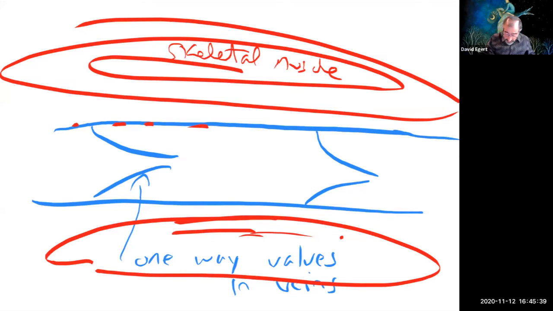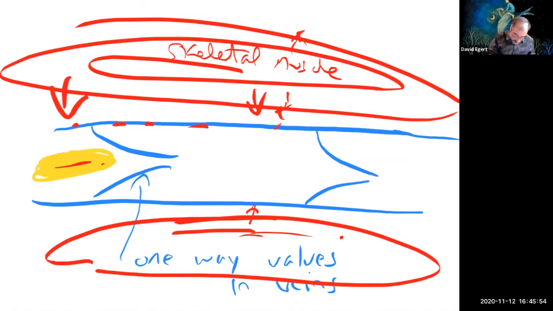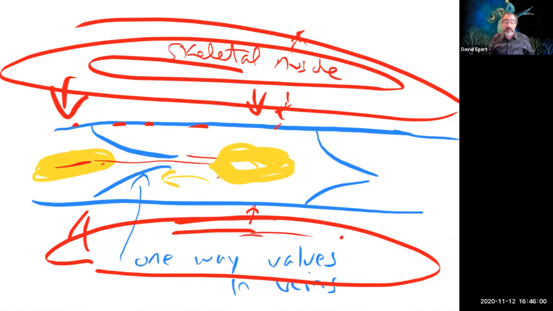As they are flexing and relaxing, they're massaging the vessels. So if I have some blood here, let's make it yellow so it's easier to see, and then this muscle squeezes a little, this is going to get splooshed up to here. Once the blood is splooshed to here, it can't go back. And as I keep flexing and relaxing my muscles, this little bit of blood gets splooshed further along.